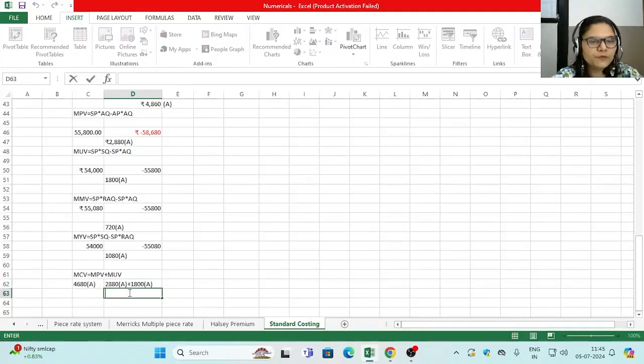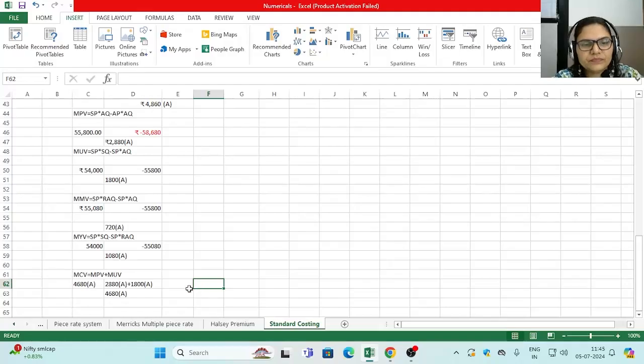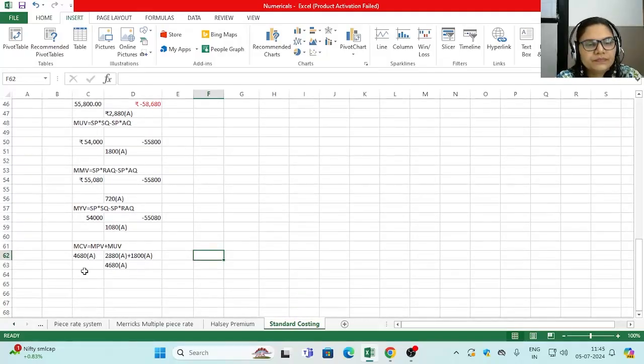It will come 4680 adverse. So we can see that left hand side is equal to right hand side. So this equation is verified.